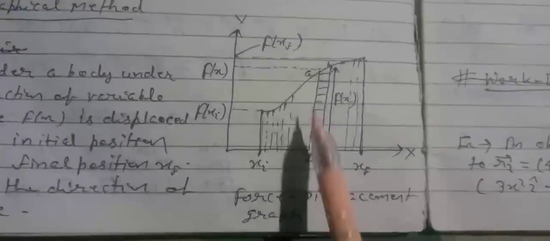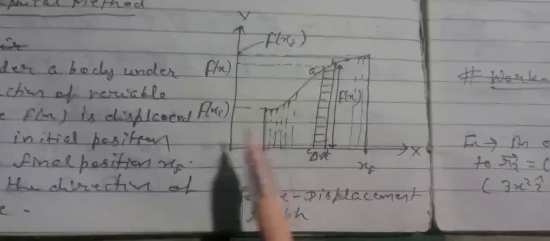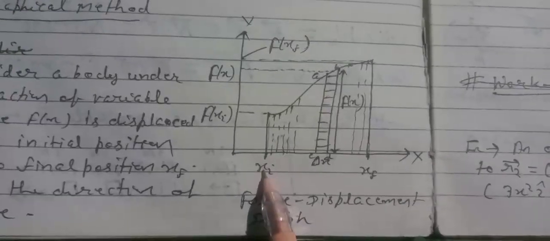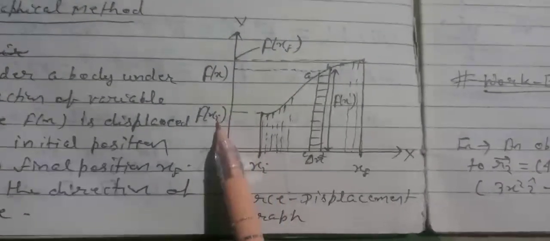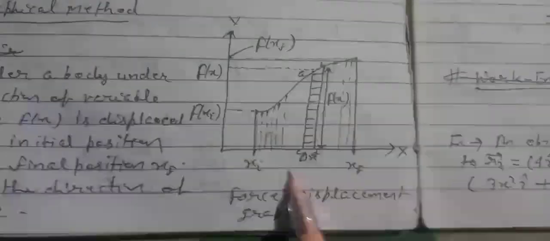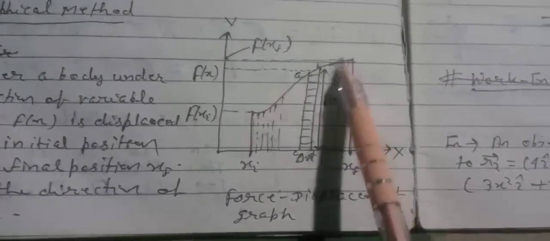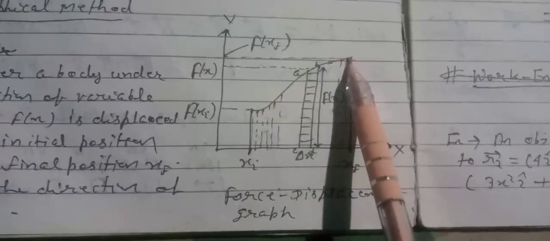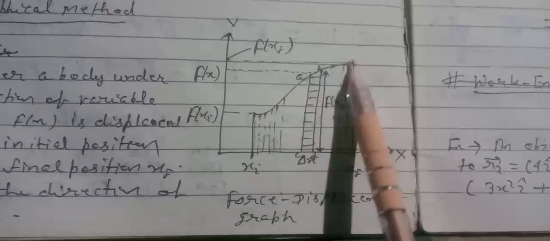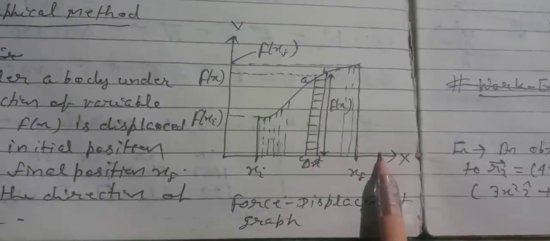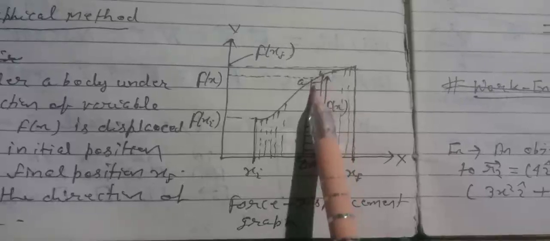The force displacement graph is shown in the figure. At xi, when the displacement is xi, the force acting on the body is Fxi, and when the displacement is xf, the force acting on the body is Fxf. Now consider a point A.